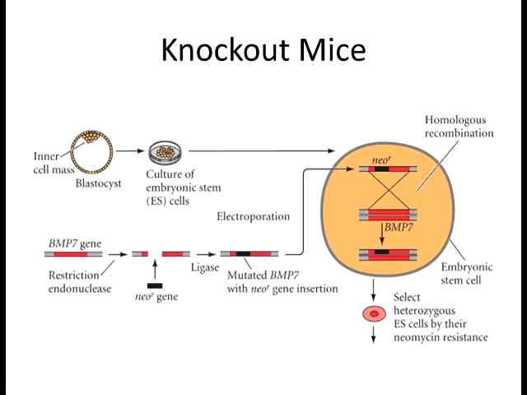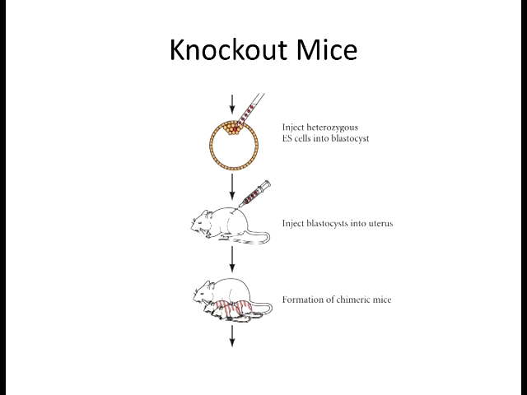What they then do is take the embryo and implant it into a pseudo-pregnant female, one that thinks it's pregnant but is not. They'll put it in there, and then it will form the various mice. During the development process, it's kind of hit and miss in the first generation. All the mice are chimeric, meaning they'll have a combination of different cells.